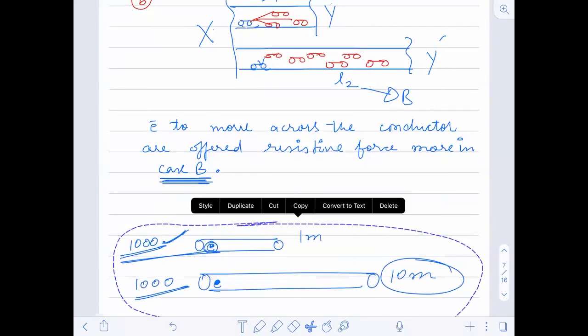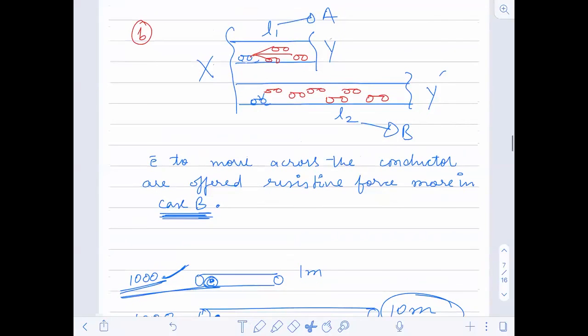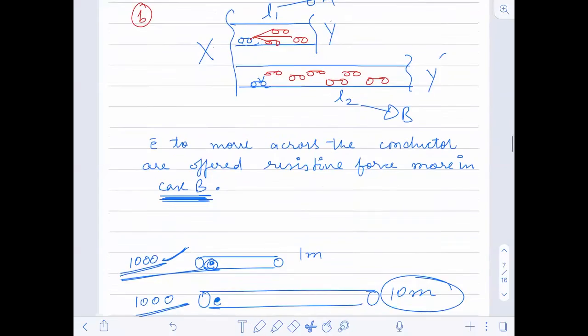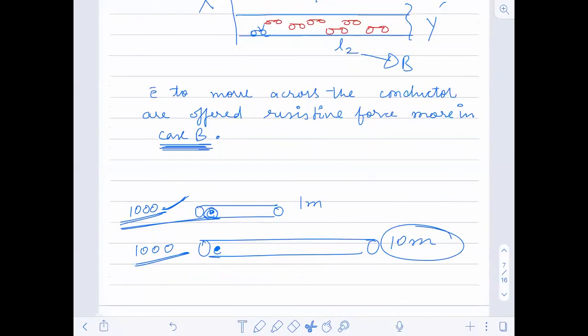So try to understand this: if the length is more, like this, the length is 10 meter, this electron will be able to hit, suppose, 10,000. I'm assuming this data, just imaginary data.